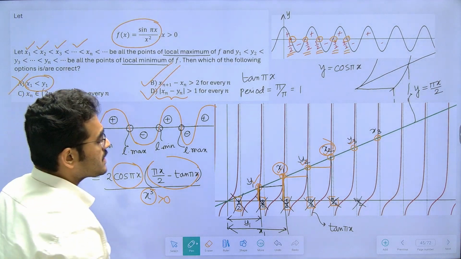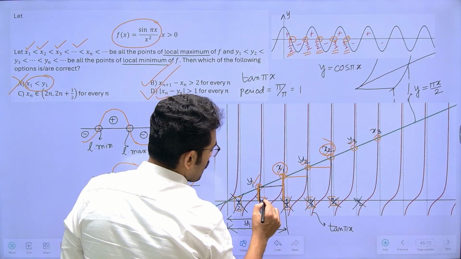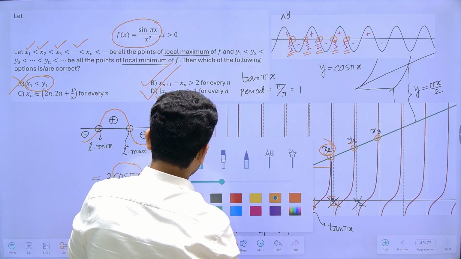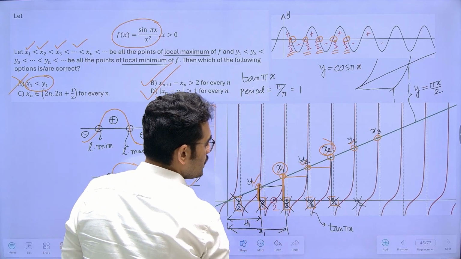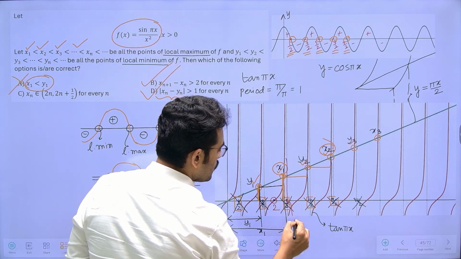Let us test that with x1. Suppose this is x1. This particular point is x equal to 2 and this vertical asymptote is 5 by 2.